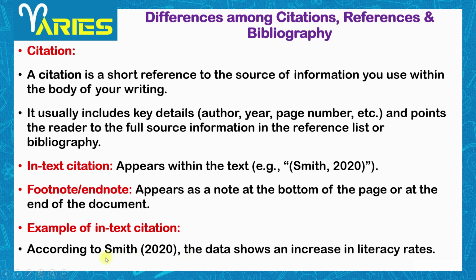This idea is taken from the paper of Smith, which was published in 2020. So this is mentioned as a citation, and the detailed reference is mentioned in the reference list. So this is how a citation is prepared.